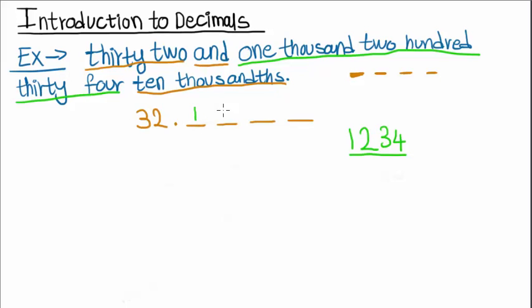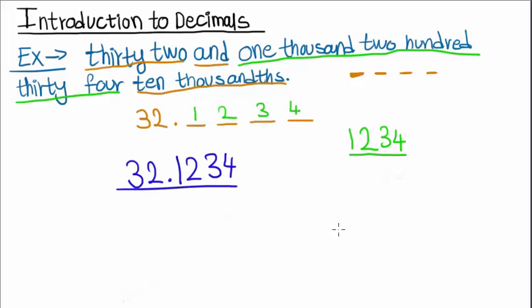So I have 1, 2, 3, and 4. Finally, my answer to 32 and 1,234 ten thousandths represented as a numerical answer is simply 32.1234.